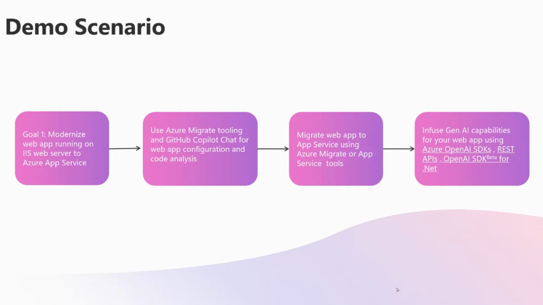So what I'm going to showcase today is how do you modernize your web applications which are running on-prem. How do we use the Azure Migrate tooling and GitHub Copilot chat so that you can easily do a source code analysis for a higher degree of successful migration and execution of your web applications once they are migrated?